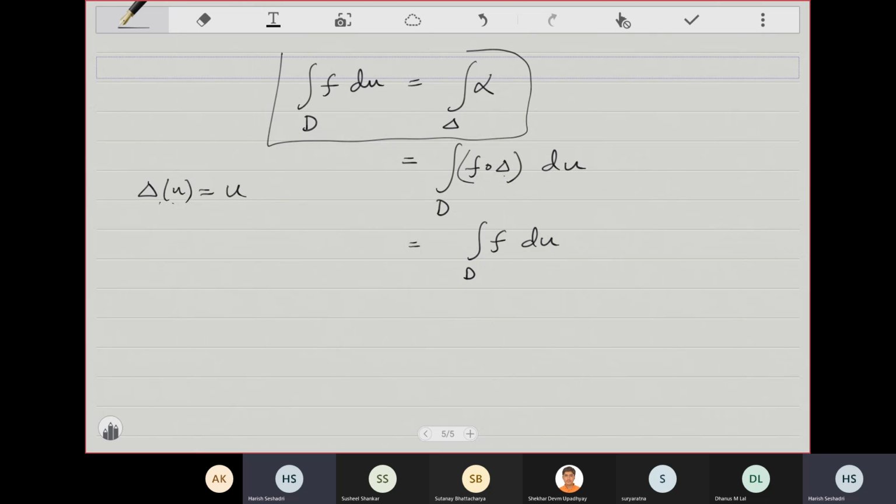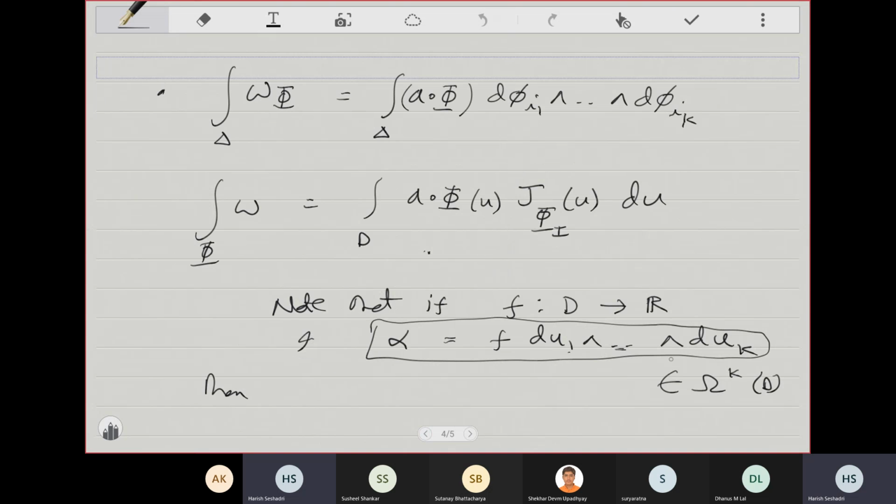So the point is that an integral in the classical sense can be written as an integral of a differential form over a K surface in this simple-minded way, just by taking the K surface to be the trivial K surface, delta of U equal to U, and taking the differential form to be, by the way, notice that the differential form here is a K form, but it's a top dimensional form since D is in R^k.